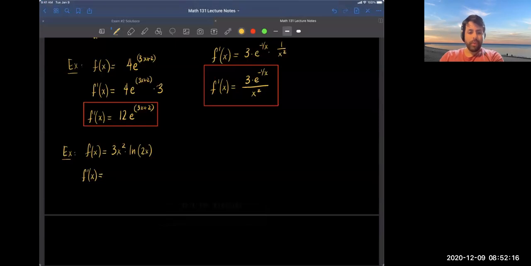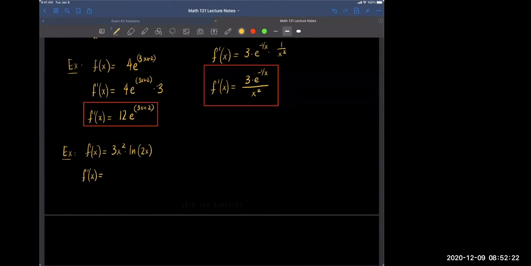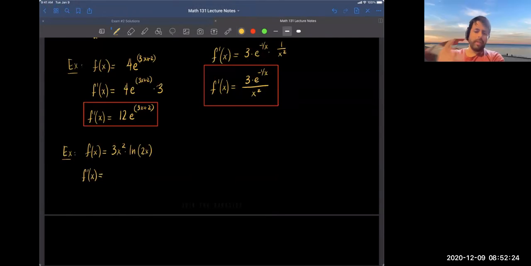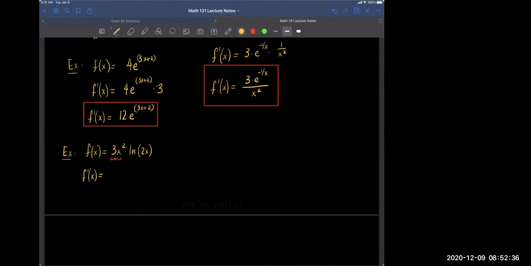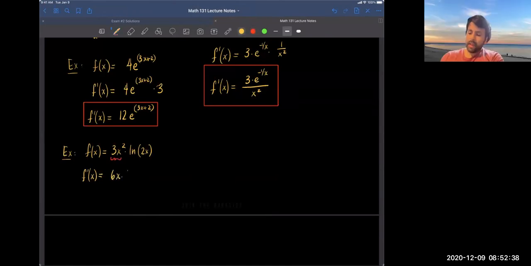So what rule should I apply? What differentiation rule should I apply? Product. So the product rule states derivative of the first, leave the second alone, plus leave the first alone, derivative of the second. So the derivative of the first is 6x.